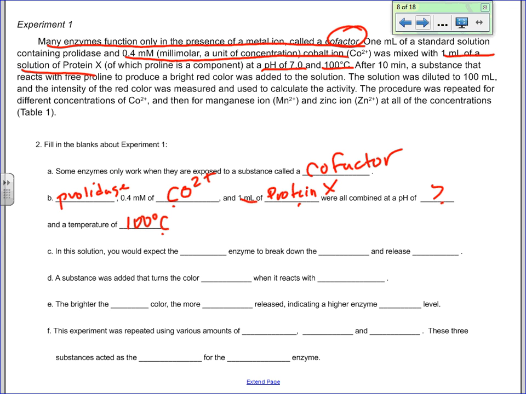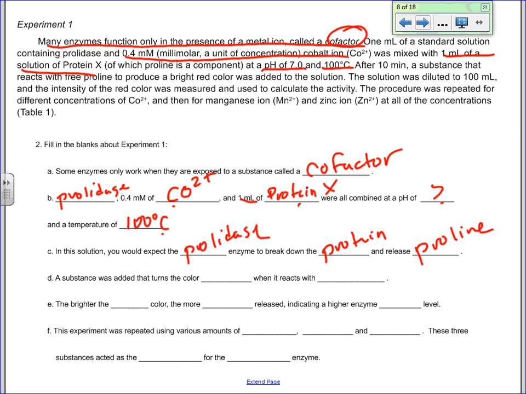In this solution, what enzyme are we working with again? You'd expect the prolidase enzyme to break down proteins and release the amino acid proline.